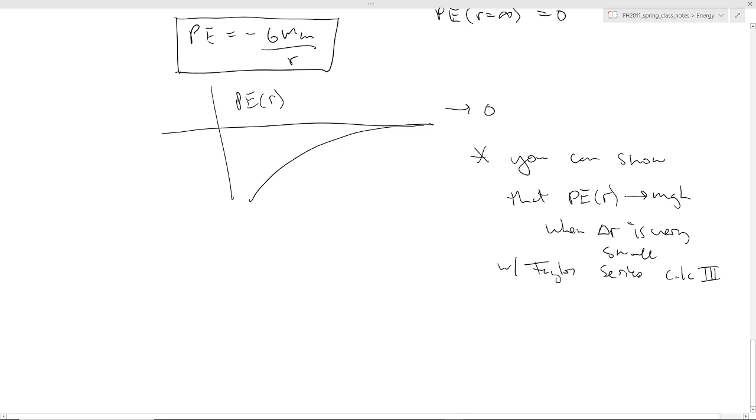So one of the cool applications of this is something called escape velocity.